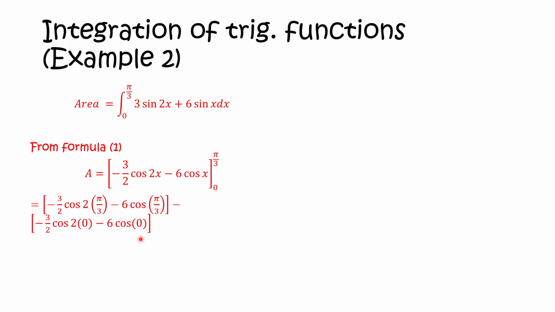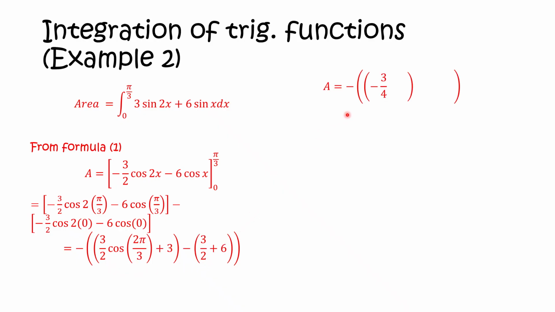We simplify our work to get to that stage. Then we further simplify so that we have a negative affecting the two terms. Inside we would have minus 3 over 4 plus 3 minus 15 over 2, and all this is made negative by the negative outside the brackets.